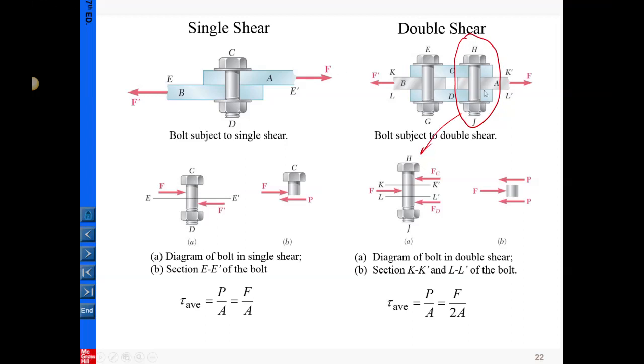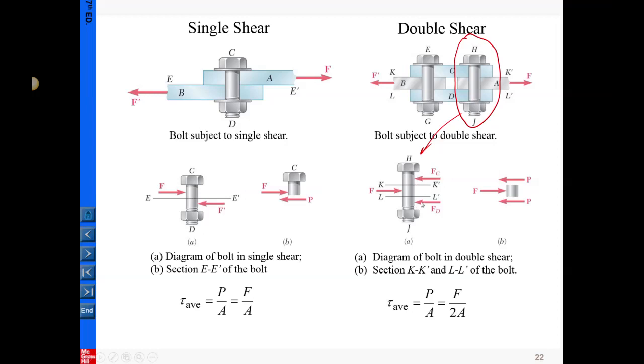So here the force is applied through plate A, around here, applied to here. Okay, and then on the top and bottom we use plates C and D for connection, and assuming they are equally symmetric, the reaction that exists here will be similar here. So FC and FD will be the same in magnitude, and that's the reaction here.